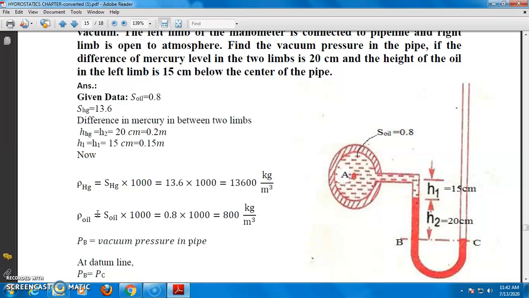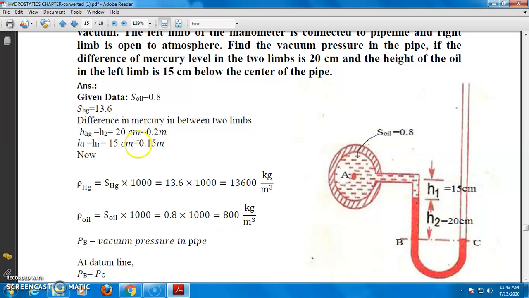So the specific gravity of that oil, 0.8, is equal to the density of that oil divided by the density of the water. Our aim is to calculate the density of that oil. So the density of that oil is equal to the specific gravity of that oil into 1000, that is 0.8 into 1000, which comes to 800 kg per meter cube.